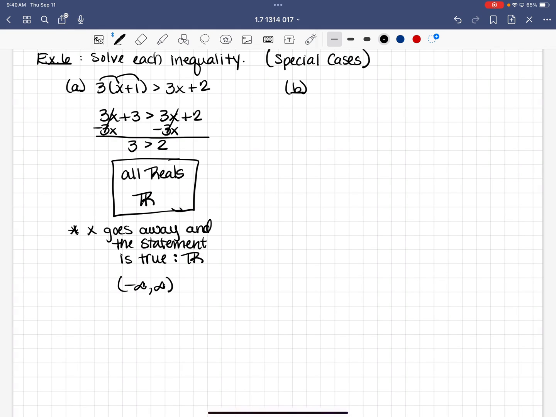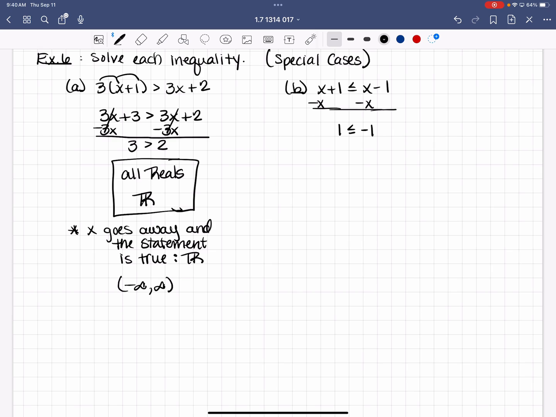So let's look at B. It says x plus 1 is less than or equal to x minus 1. I'm going to subtract my x. Some of you can see how it's going to happen again. Now I have 1 is less than or equal to -1.